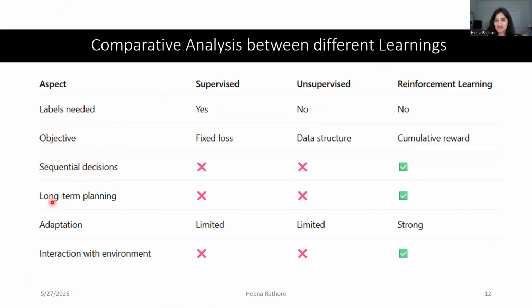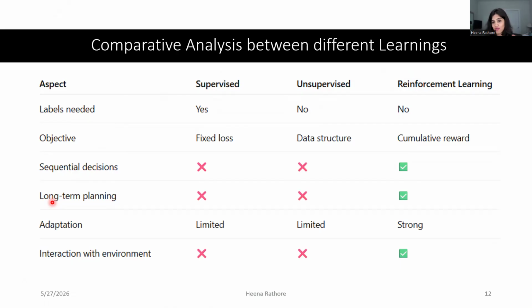Versus in supervised and unsupervised, it doesn't matter. Adaptation: reinforcement learning adapts strongly to new environments, but supervised and unsupervised learning have limited adaptation without retraining. You have to retrain them again and again to make them more adaptable to the new environment.